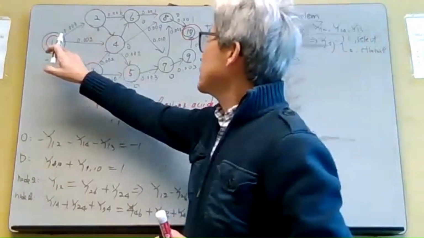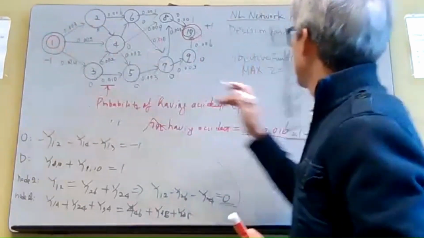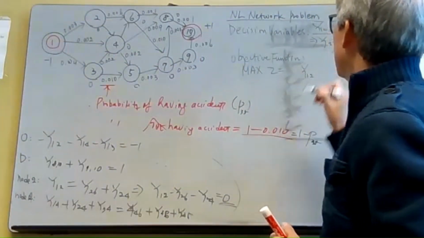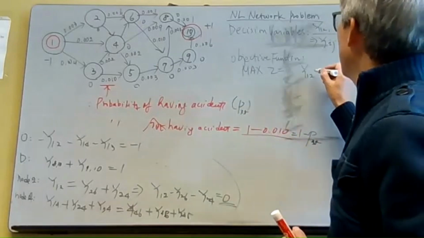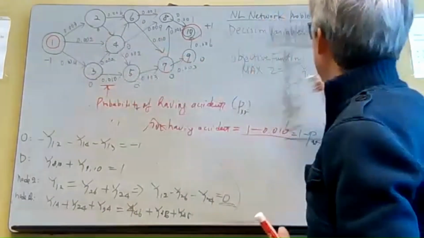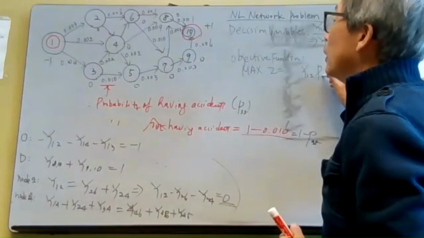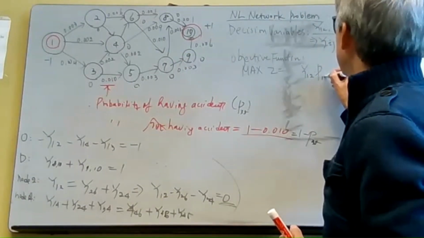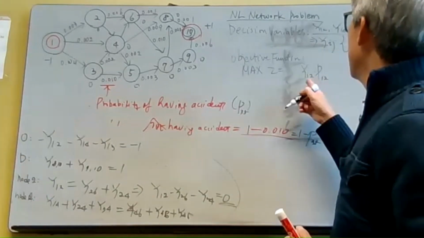If you select segment 1 to 2, the probability of having an accident will be p12.